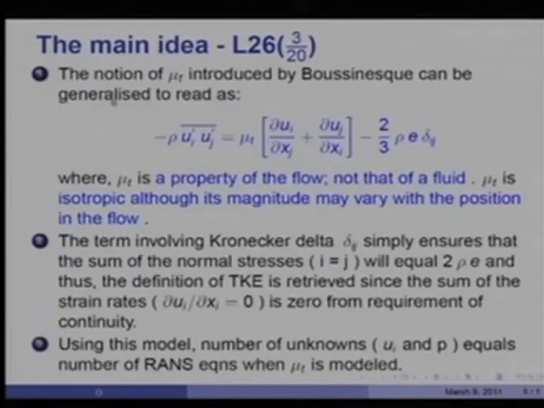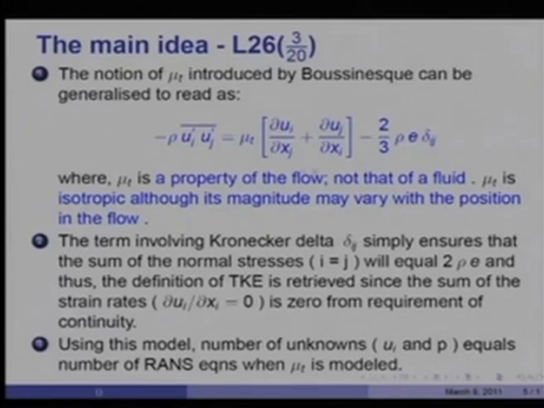So, the main idea behind turbulent viscosity mu_t is to model a turbulent stress, minus rho u_i' u_j', exactly analogous to the laminar stress, except that mu is replaced now by a turbulent viscosity mu_t, times the strain rate, and then minus 2/3 rho times kinetic energy E into delta_ij. Delta_ij is the Kronecker delta.